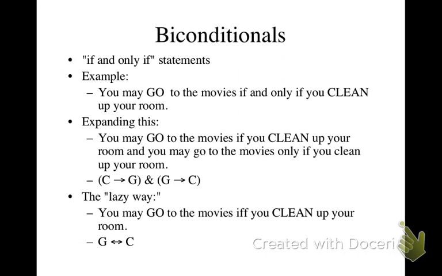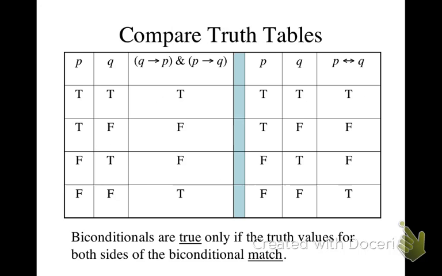It's really these two conditionals joined by an and that underlies it. And that explains why the truth table works out the way it does. If you draw the parse trees for Q arrow P and P arrow Q and work out all the truth values, this is what you'll get.